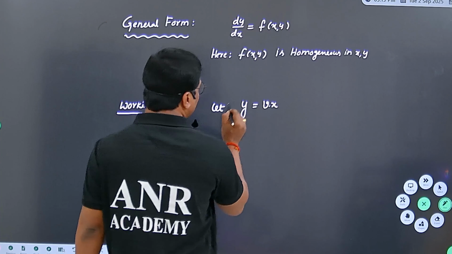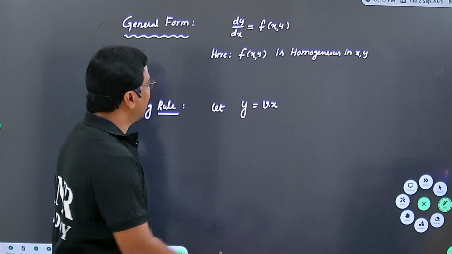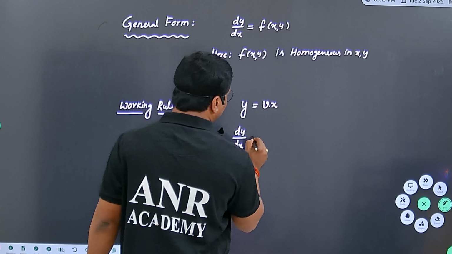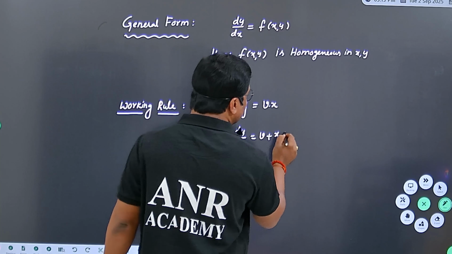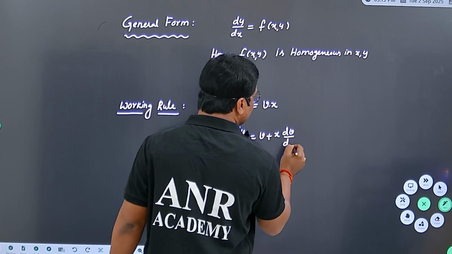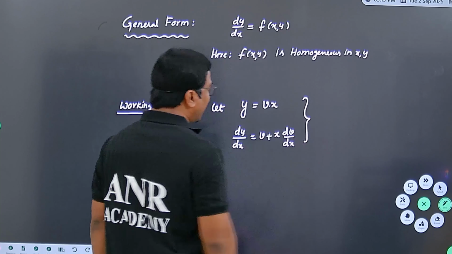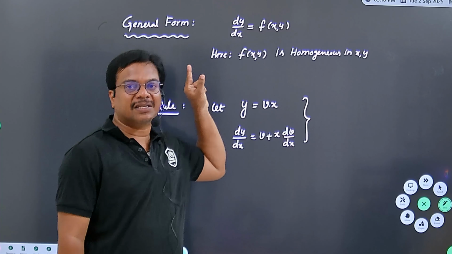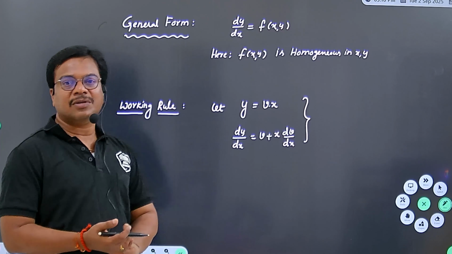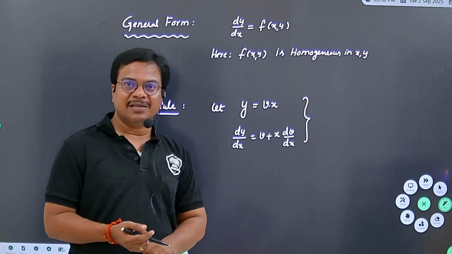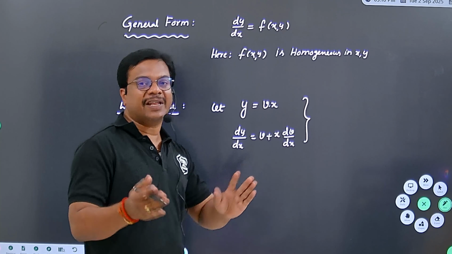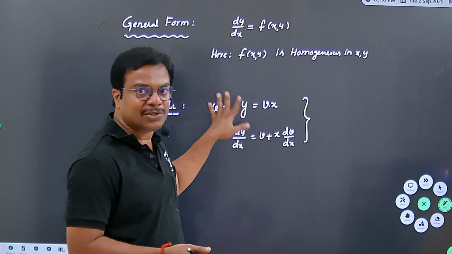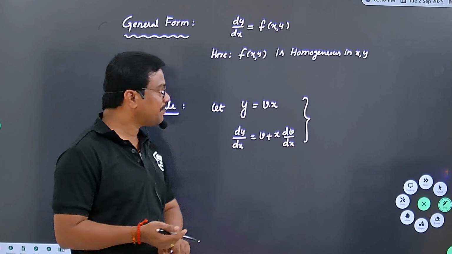By substitution y equal to vx, dy by dx changes to v plus x into dv by dx. After substituting these two values in the given differential equation, it reduces to the variable separable method. There, separating the variables and integrating on both sides, we get the solution of the given differential equation.